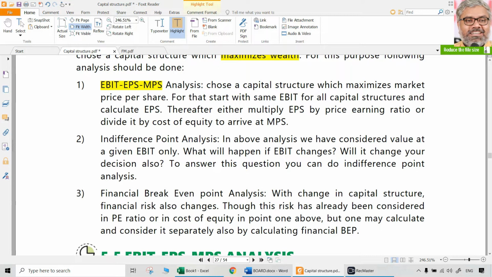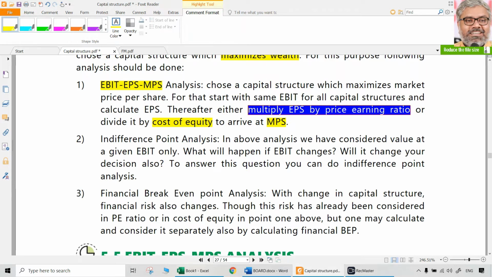So how to get market price per share when you already have EPS? Multiply EPS with the PE ratio, that is price earnings ratio, or even divide it by cost of equity, that is another way to arrive at market price per share. In general, the first way is used.